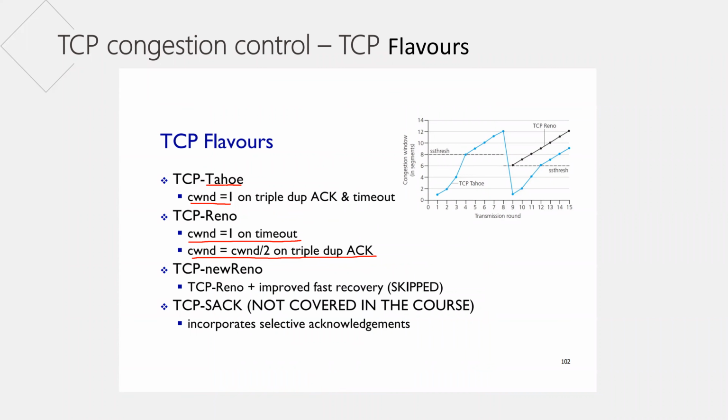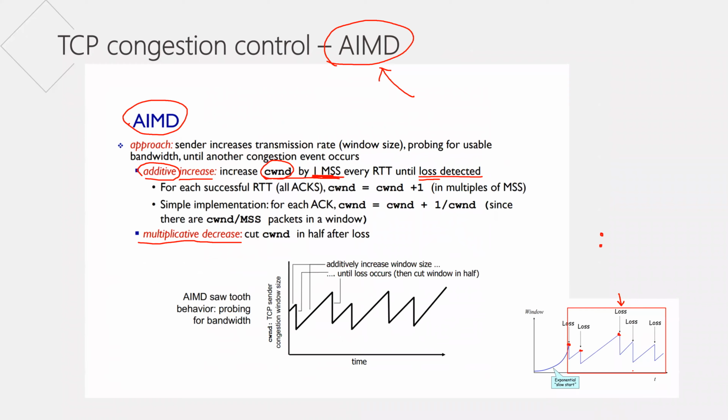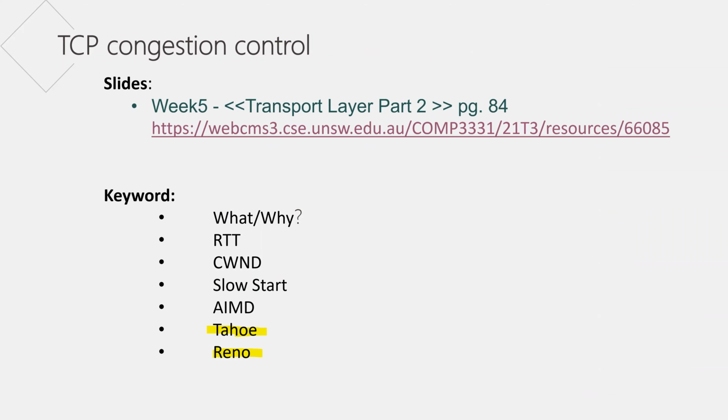So anyway, let's have a look at the lab. That's all we need to know, I think. Let's go back to the first page. What and why, and what is RTT, and what is Cwnd. This one is really important.